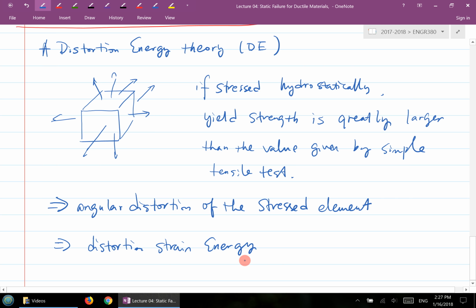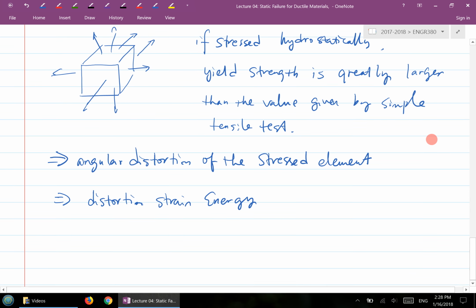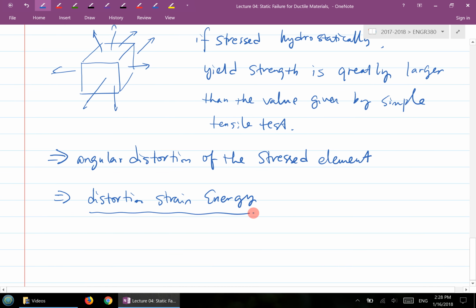How much distortion strain energy is there? If it's too much, then you have a failure. That's where the name of the theory comes from, distortion energy theory. We'll look at distortion strain energy and use these results to derive the DE theory. So let's look at the definition first.